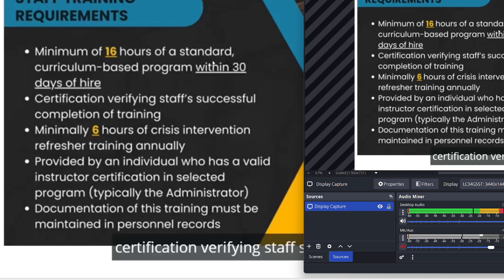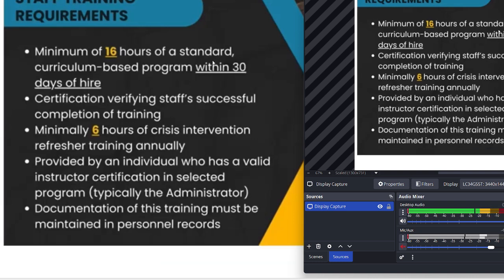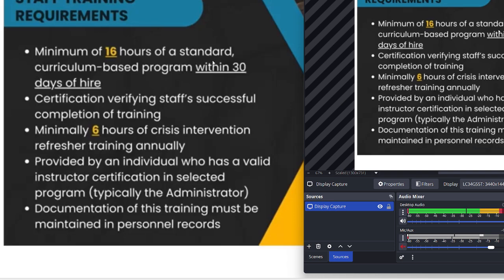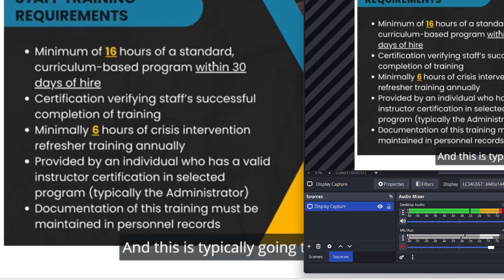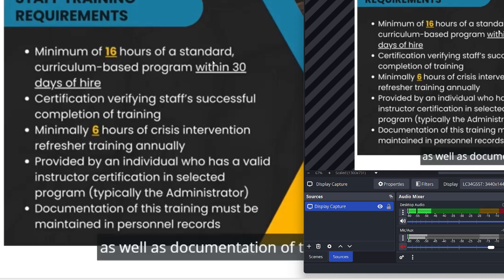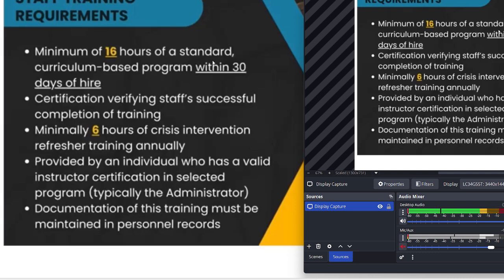Certification verifying staff's successful completion of training, minimally 6 hours of crisis intervention refresher training annually, which is provided by an individual who has valid instructor certification in the selected program. And this is typically going to be the administrator, as well as documentation of this training, which must be maintained in personnel records.